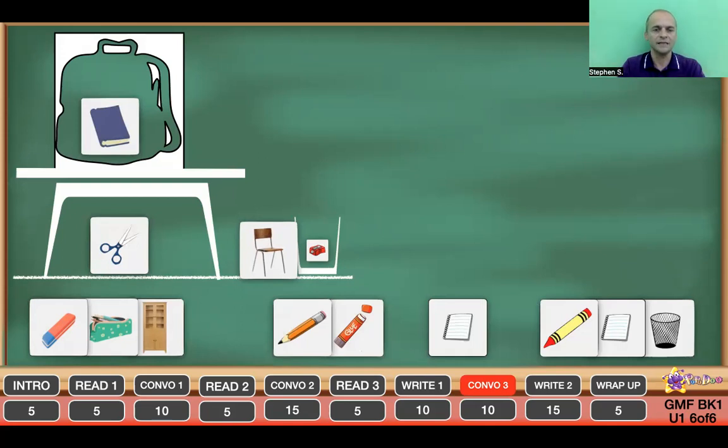Then I will say, Jim, stand up, please. Is the chair next to the bin? And then Jim will say, yes, teacher, the chair is next to the bin. Good job, Jim, sit down. Last one, Harry. Is the sharpener in the bag? No, teacher, it isn't. The sharpener isn't in the bag. Where is the sharpener?